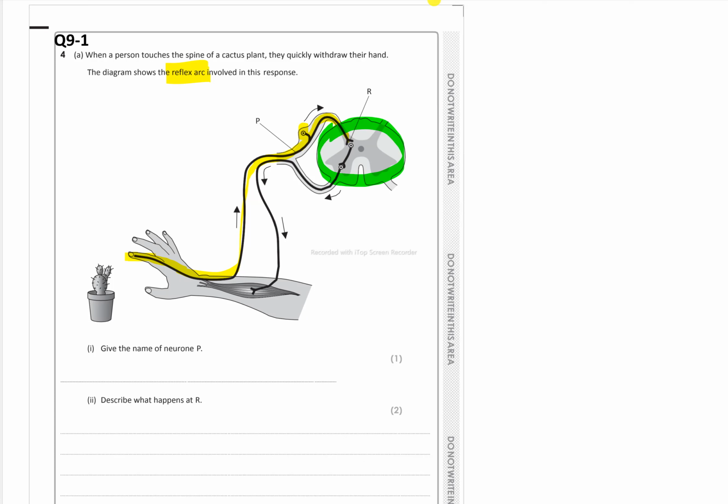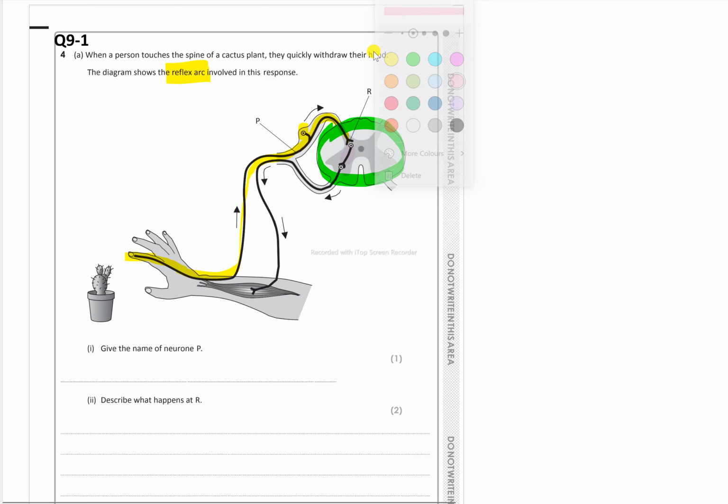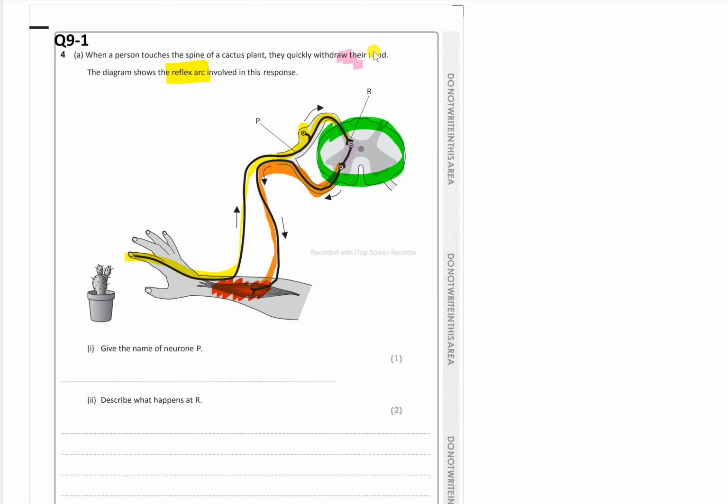Then it goes across the relay neuron. And then it travels down the motor neuron all the way down to the effector, and this is the effector, in effect the muscle.